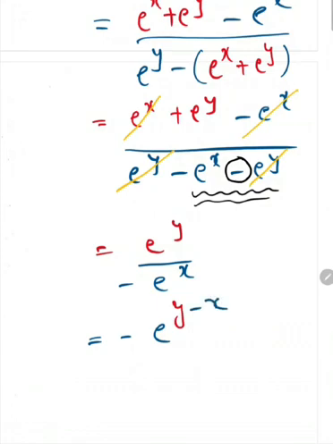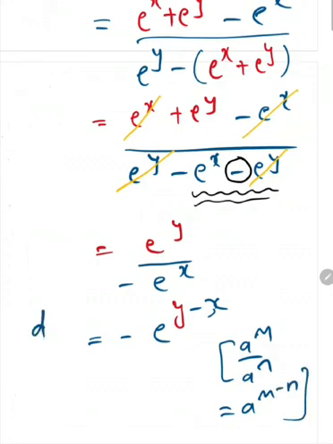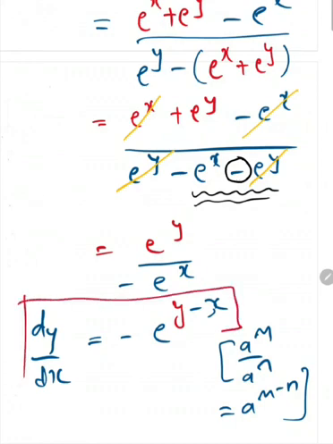So I have basically used here the basic concept a power m by a power n is a power m minus n, and finally we got the answer: dy by dx is nothing but minus of e to the power y minus x. Okay, so this was a very easy question.